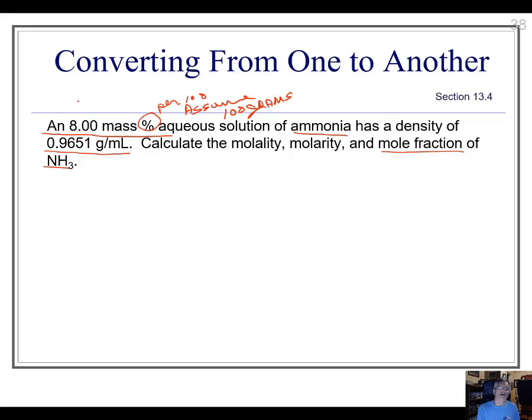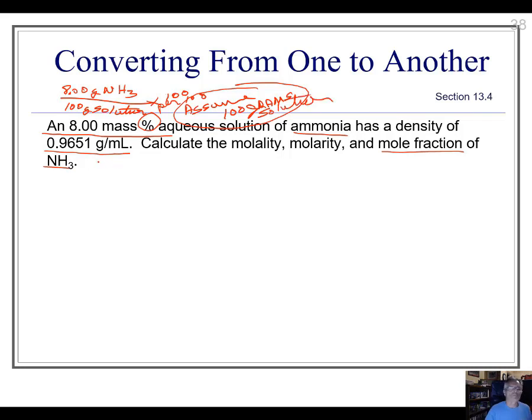If this is ammonia, then 8.00 grams of NH3 divided by 100 grams of solution times 100, that's what would give you your 8 mass percent ammonia. So if you're not given a total mass, but you're given a percent by mass, just assume a total mass of 100 grams of solution.